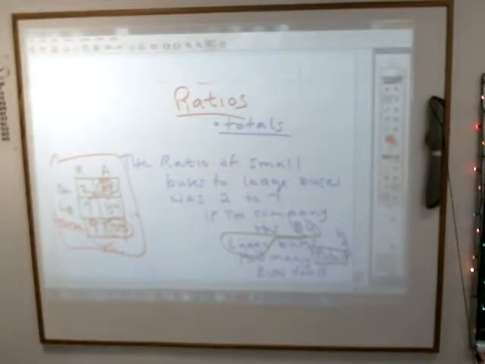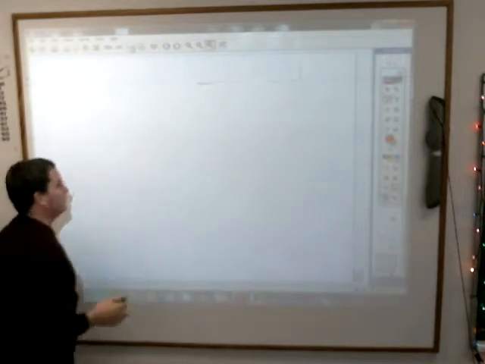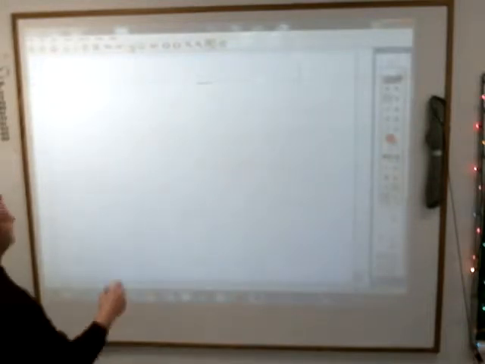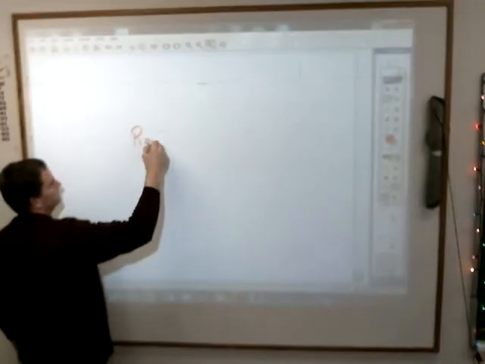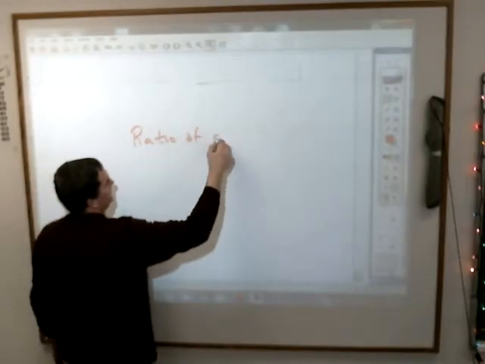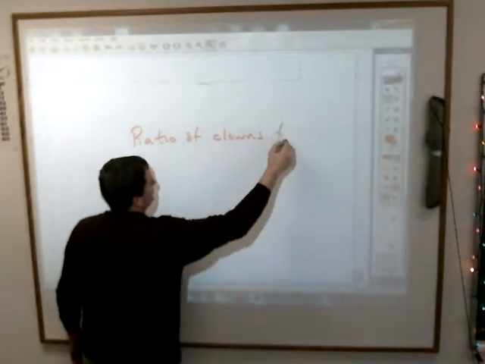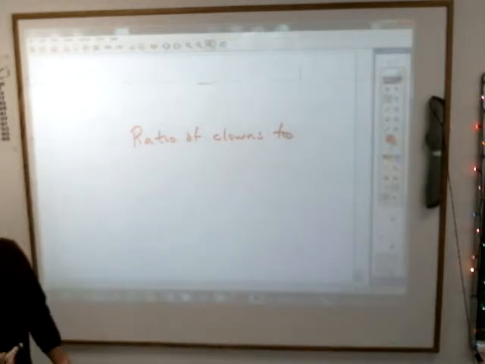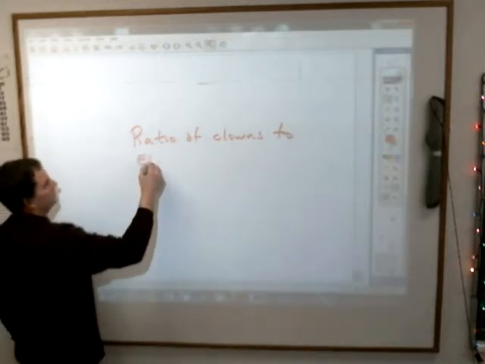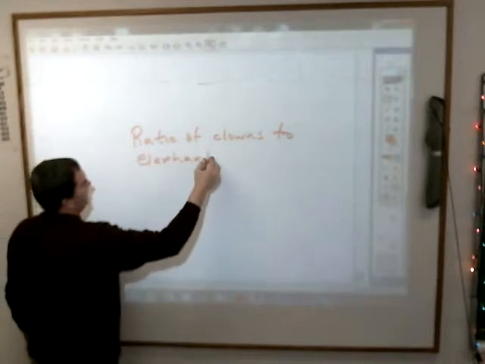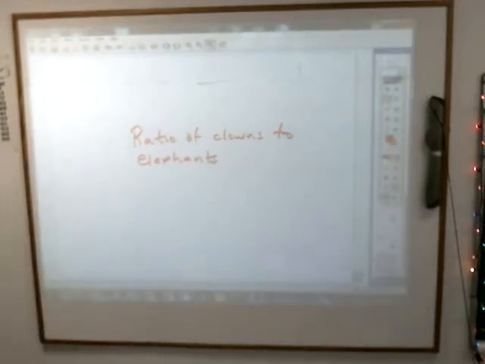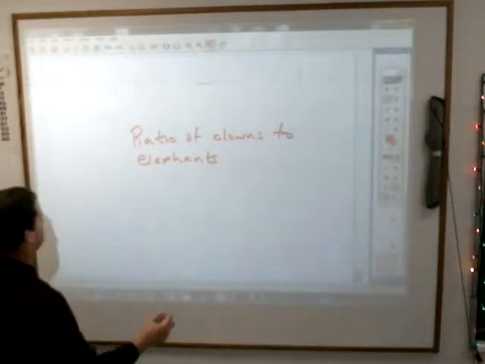Here's another one. Write this one down. I think you're probably forced to actually do it this way. The ratio of clowns to elephants was 5 to 3.